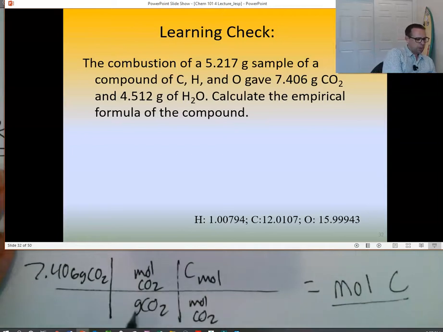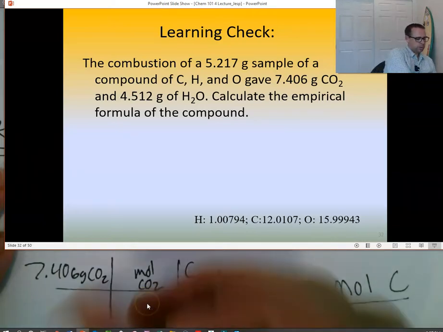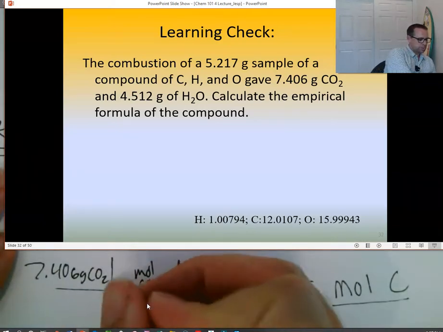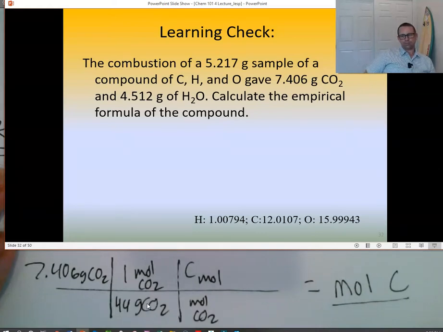Now, do you remember how many grams of carbon dioxide there are per mole of carbon dioxide? We have to add it up, don't we? 2 oxygens are 16 each, so that's 32, plus the 12. 32, 42, 43, 44. So there's 44 grams of carbon dioxide per mole.